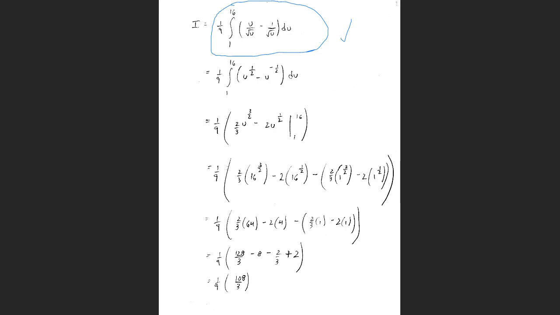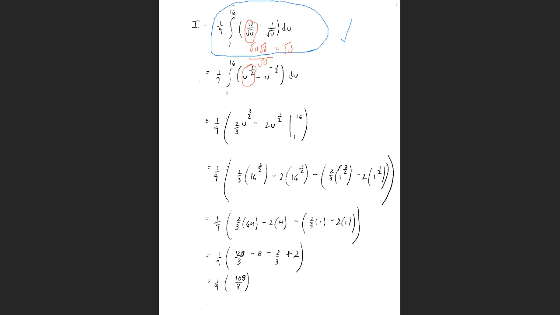So, okay, now u over the square root of u. Well, u is the same as the square root of u times the square root of u. I can write u that way. And the square root of u times the square root of u over square root of u is just equal to the square root of u. And that's u to the 1/2 power.